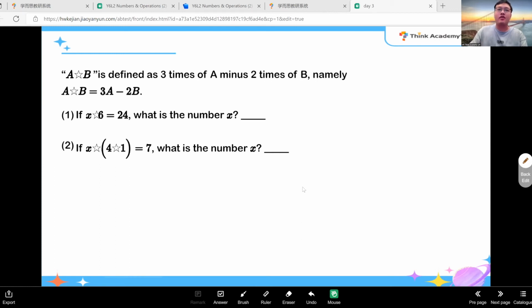I guess you have finished this one. Okay, I can give you the chat box. So what's your answer? What do you get? Someone get 12, 4, 9, 1, and 18. Which one is correct?